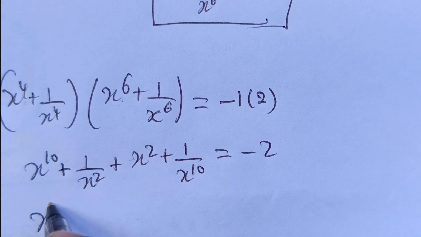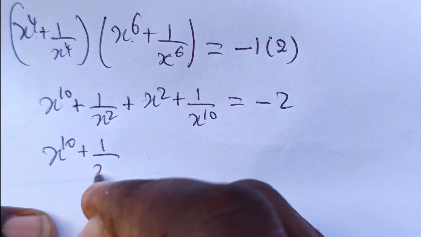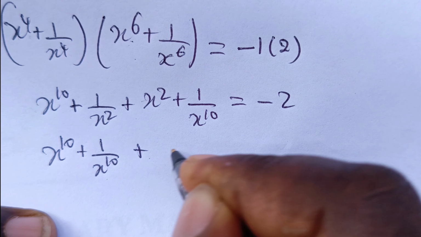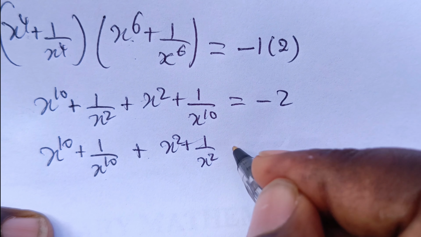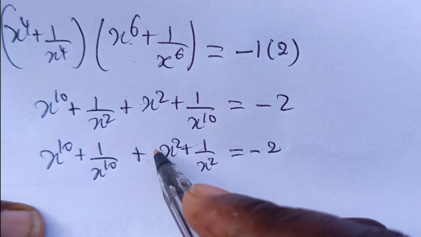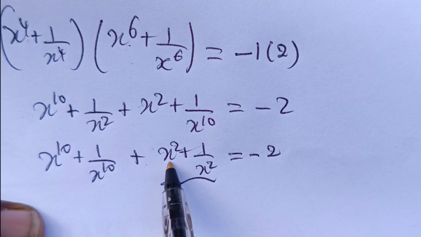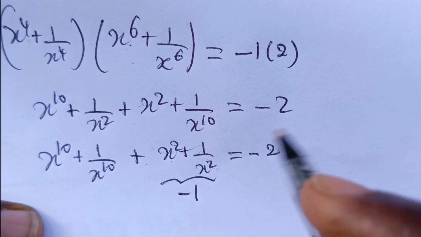Here we have x^10 plus its reciprocal 1 over x^10 plus x^2 plus its reciprocal is minus 2. Do you remember that x^2 plus its reciprocal was minus 1? This is minus 1, guys.